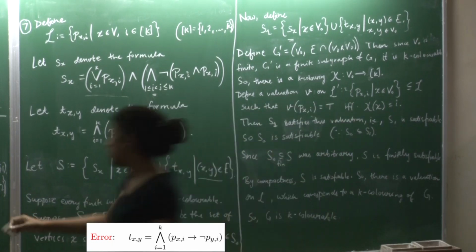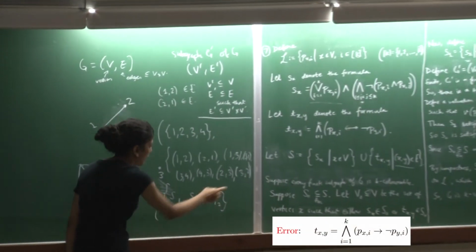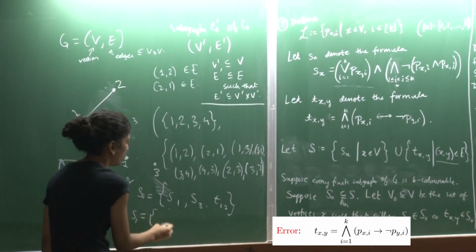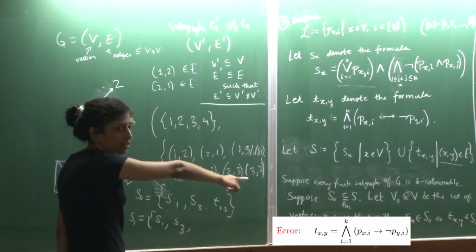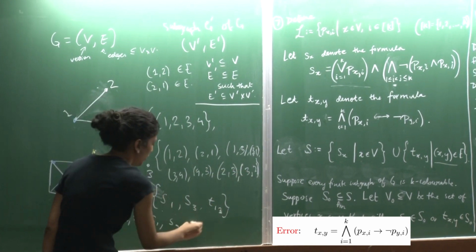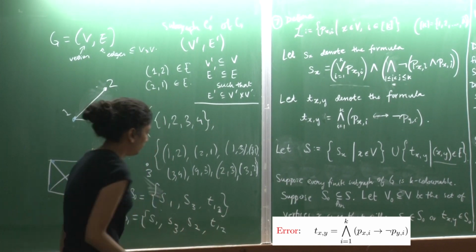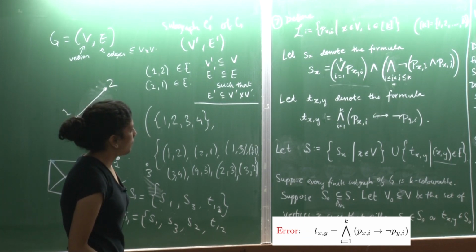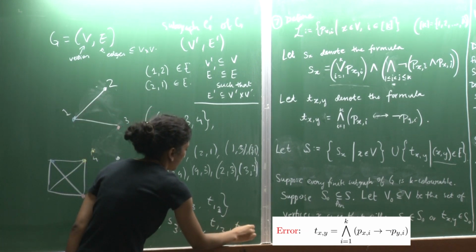So if I performed this operation on this set, then if this was my S0, my S1 would look something like S1, S3. I would also add S2 because this 2 is over here, and then I would have T1, 2. Would I have something else also? I mean, okay, it'll become a bit larger maybe. I would also have T13.